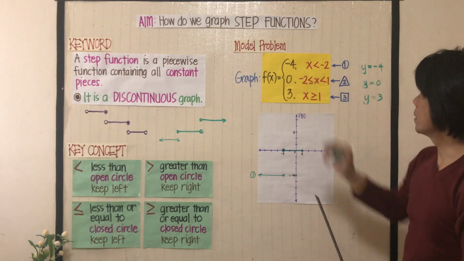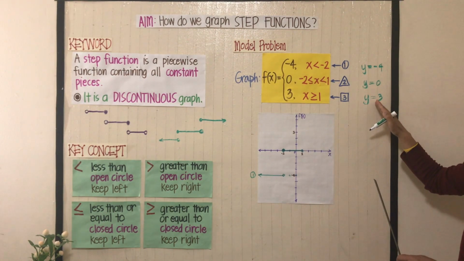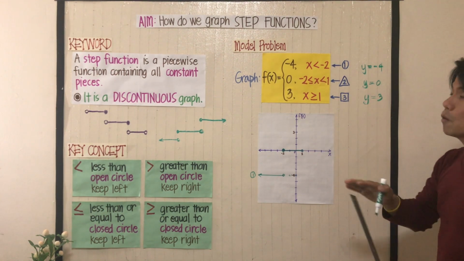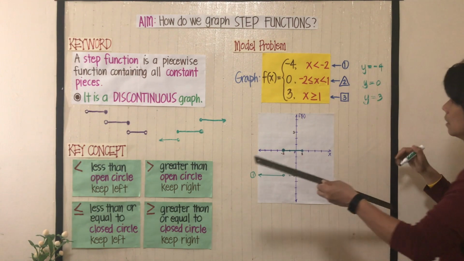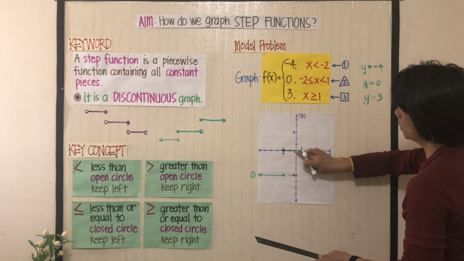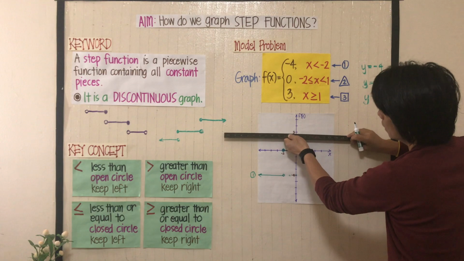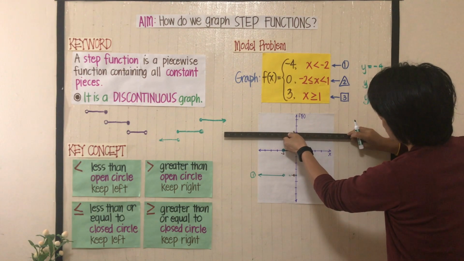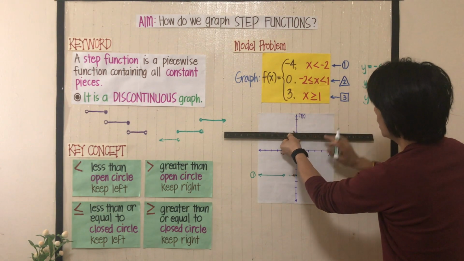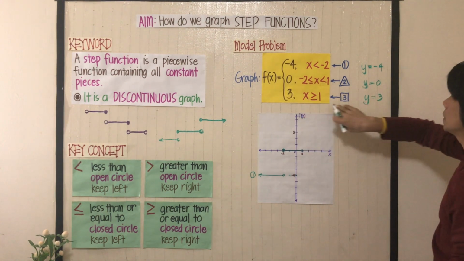How about the third part? It says f of x is equal to 3. That means y is equal to 3, where all the y coordinates on that line must be equal to 3, or +3. Look at the y-axis. This is +3: 0, 1, 2, 3. So the line must be on this part. But it says here x is greater than or equal to 1, meaning from +1 to which direction?